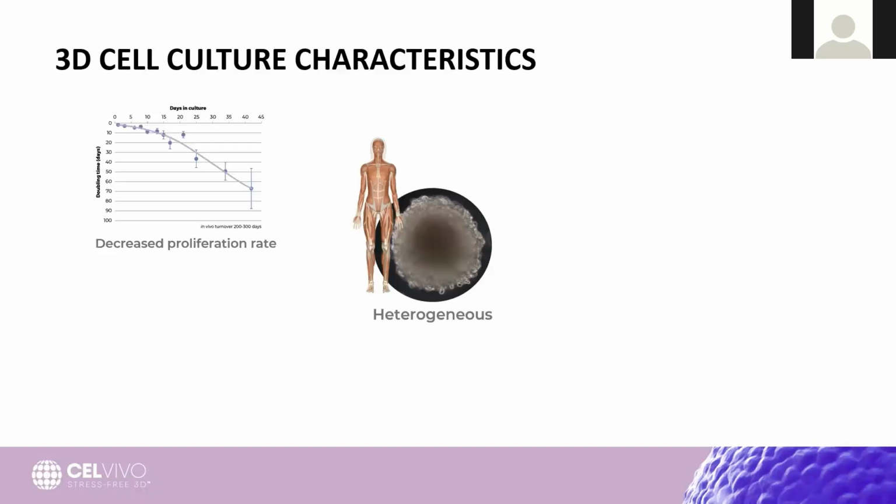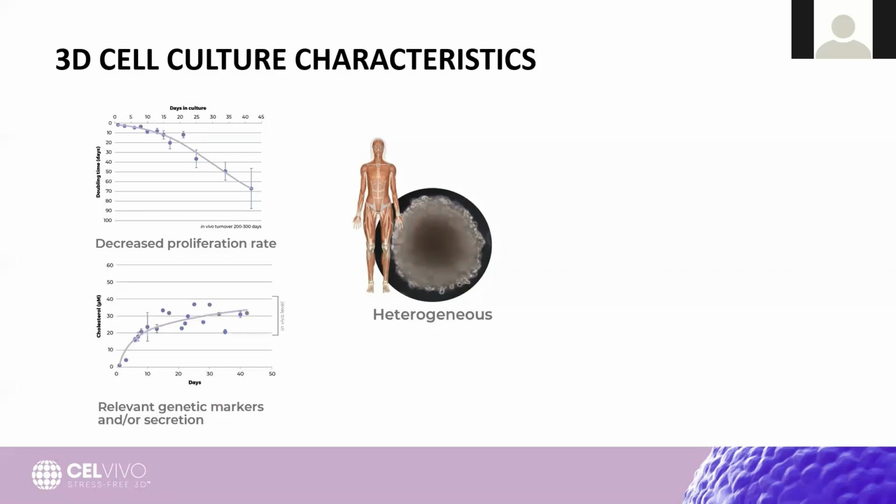As in humans, we also see that 3D cell cultures have a decreased proliferation rate. So they don't proliferate very crazily like cancer cells, for instance, would do. But their proliferation rate slows, and it resembles what's going on much more in vivo, where your tissue does not proliferate all the time.